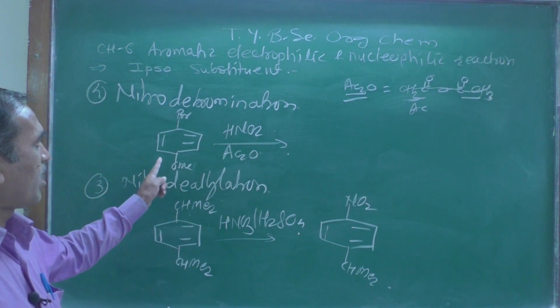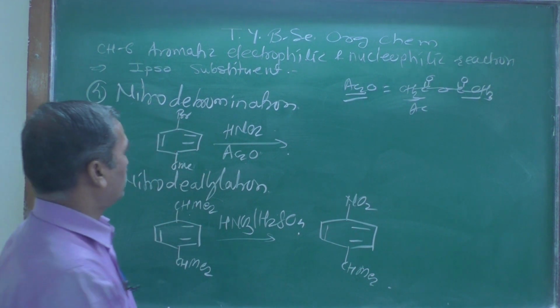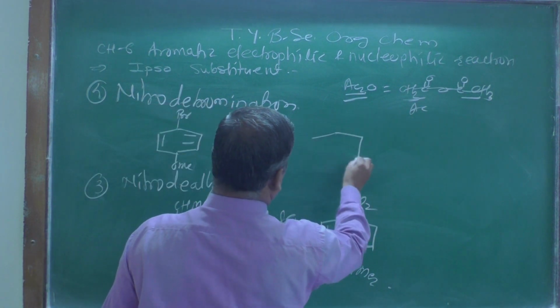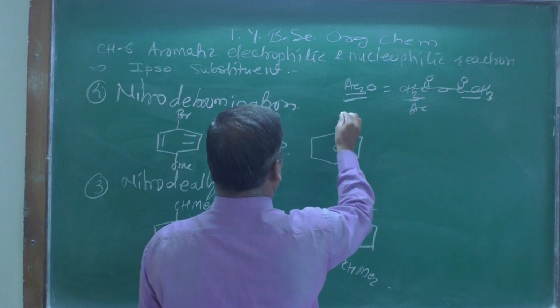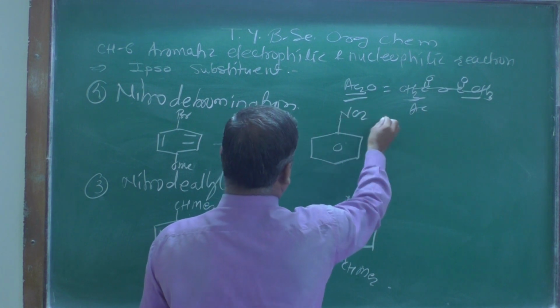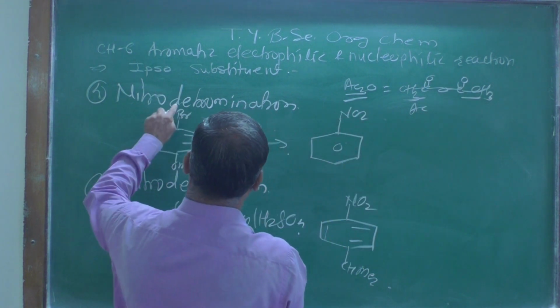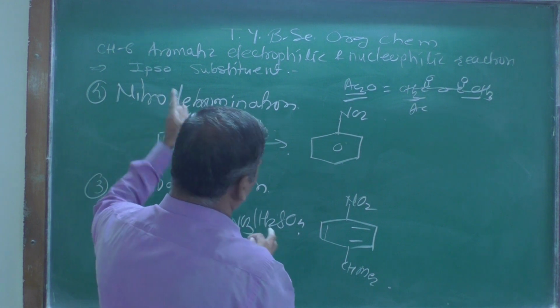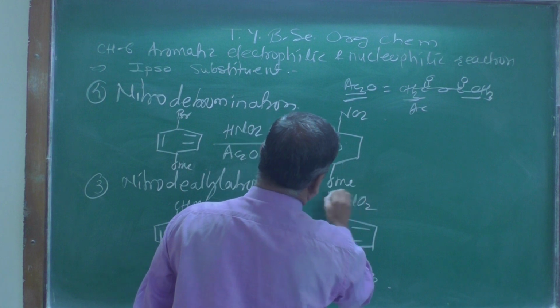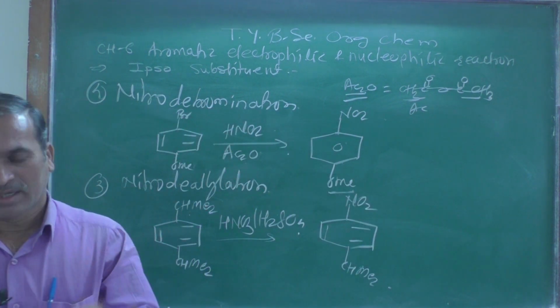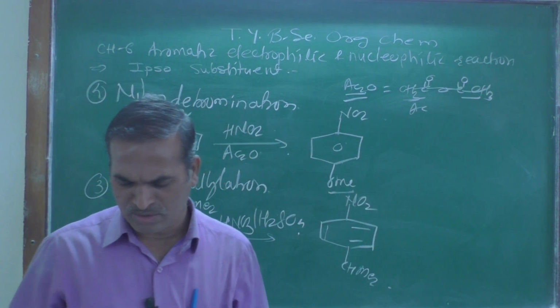And what is going to happen there? The nitro group comes over there. So you are going to get nitroanisole, here a NO2 group comes there. Debromination is bromine getting replaced by the nitro group, OMe. So these are the general reactions we are talking about.